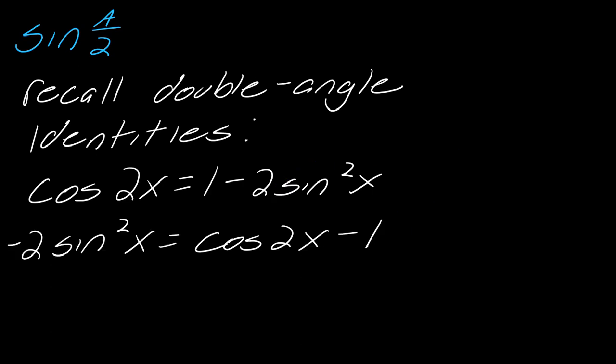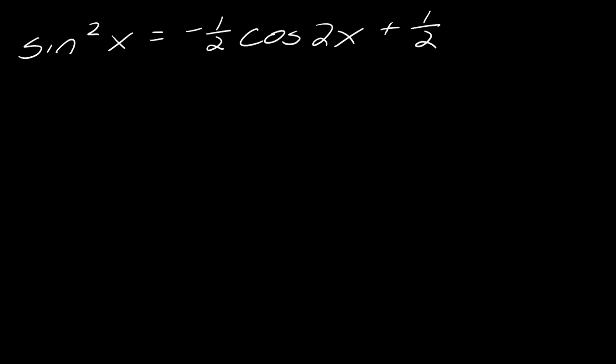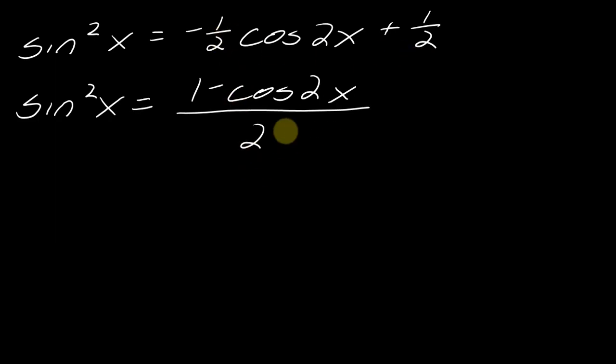Okay, so if I go through and do that, I'm left with this, and then I can divide everything by 1/2 or multiply everything by -1/2. So I get sine squared x equals this, and if I wanted to write this as a fraction, I'm just going to write all of this over 2, and then I reverse the order, so this becomes 1 minus cosine of 2x over 2.